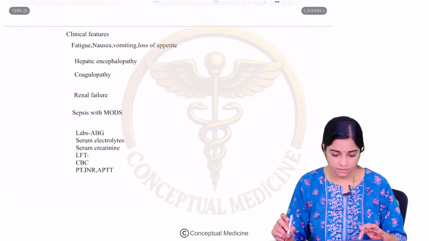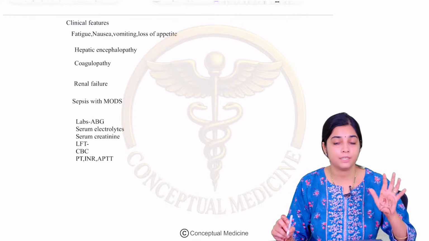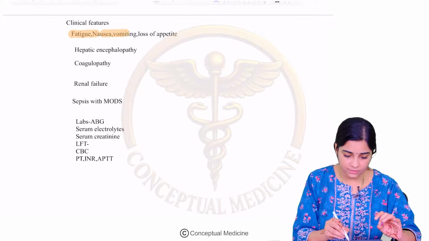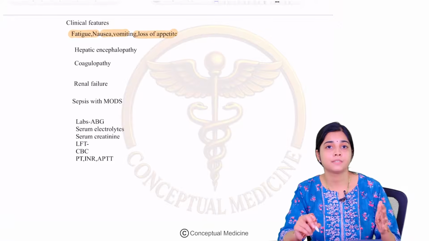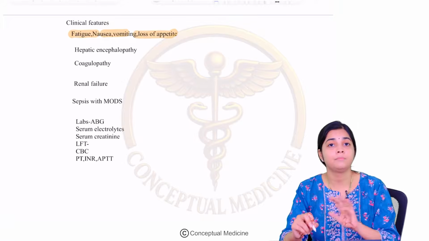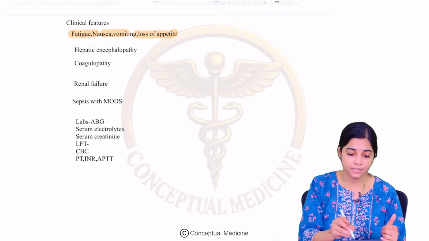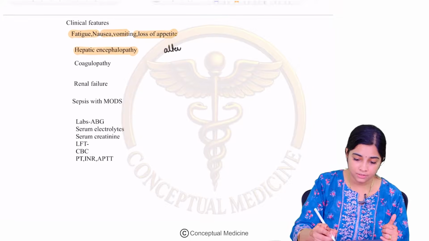Alright, now let us look at the clinical features. How does acute fulminant hepatitis present? They basically present with fatigue, nausea, vomiting, and loss of appetite. Then they begin to rapidly deteriorate and become extremely sick. They can develop features of hepatic encephalopathy, where you have altered sensorium.